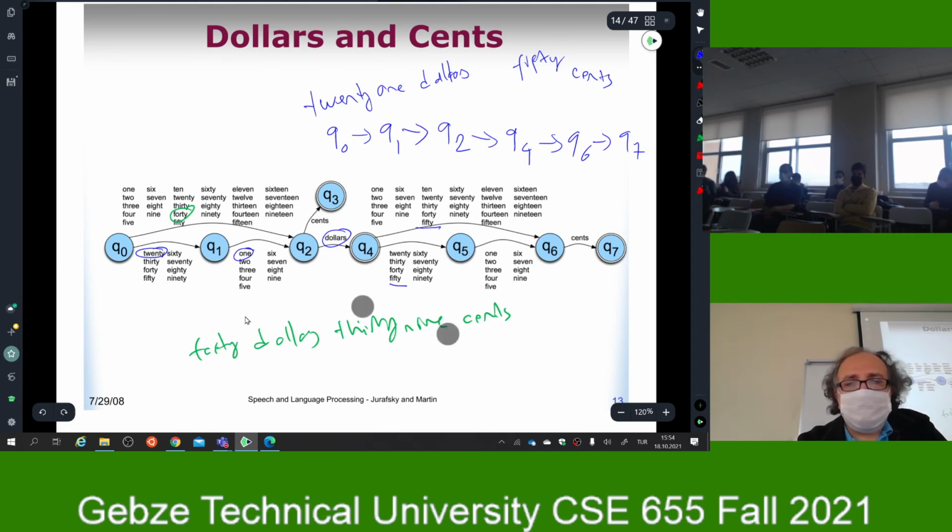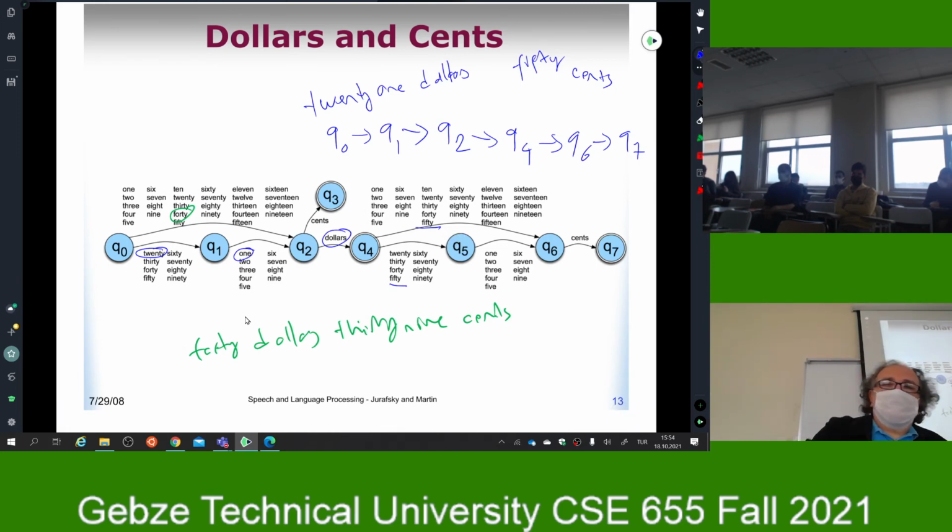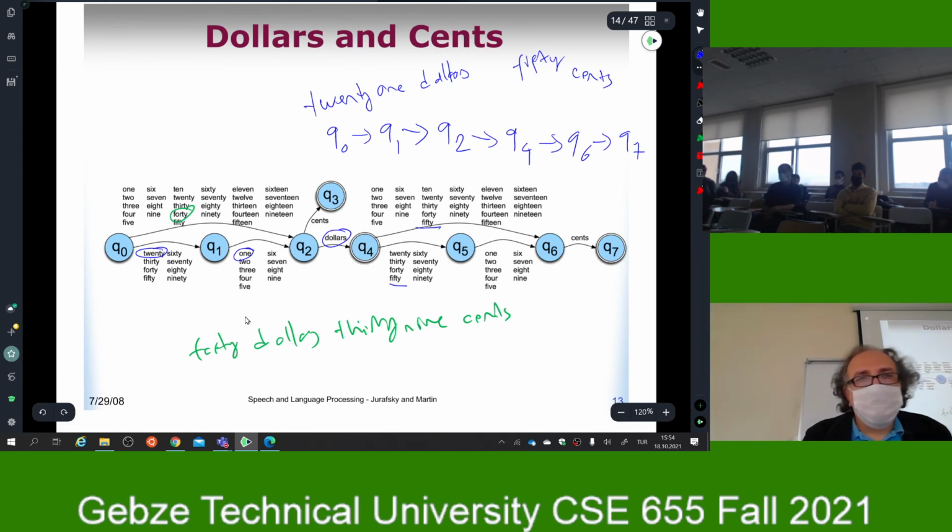If you feed this to the finite state automata and you end up in this state or in this state, either Q4 or Q7 is final, you will recognize this. Dollars and cents.